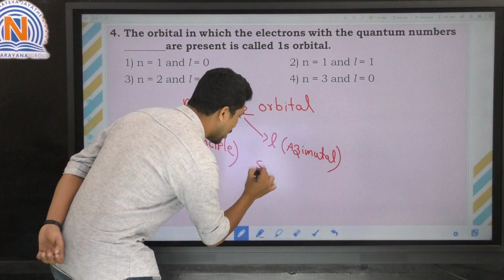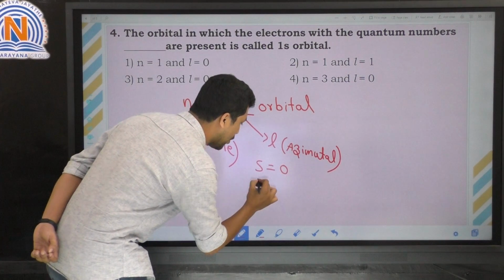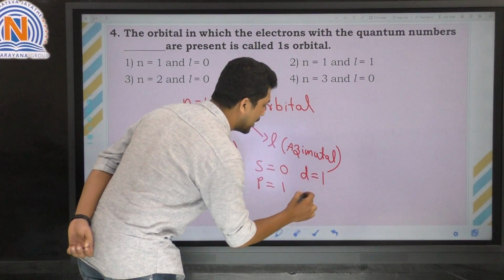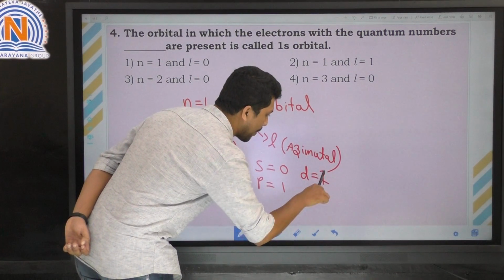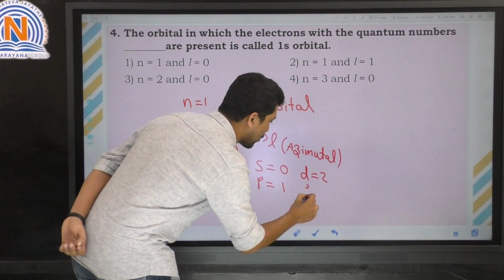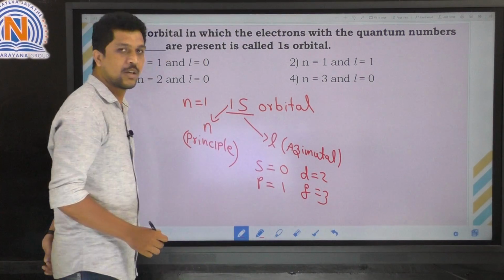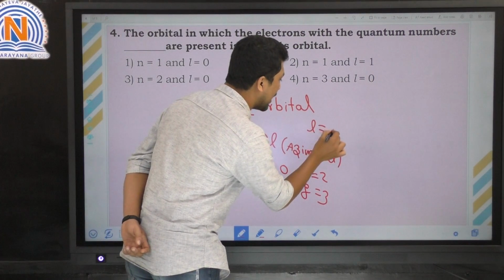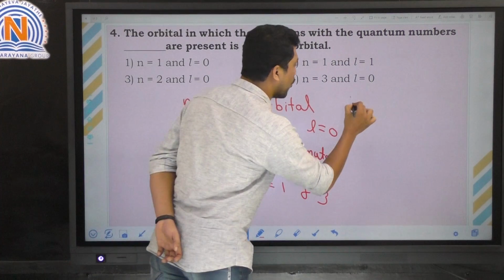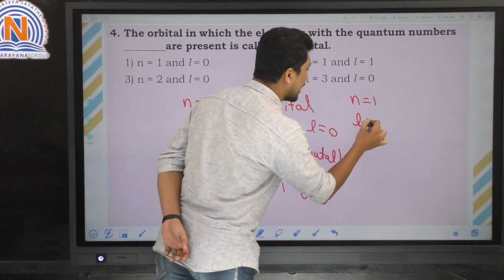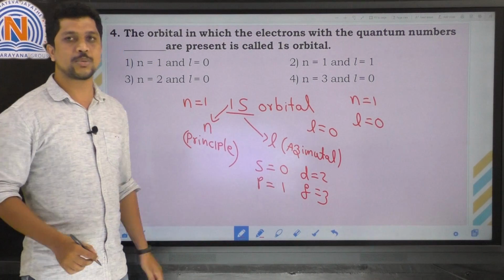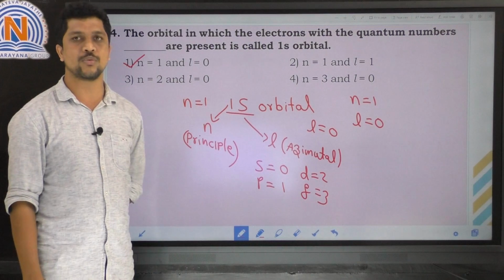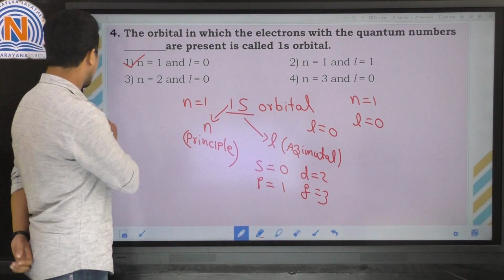For example, s orbital azimuthal quantum number is 0, p orbital azimuthal quantum number is 1, d orbital azimuthal quantum number is 2, and f orbital azimuthal quantum number is 3. So for s, l equal to 0. So n equal to 1 and l equal to 0. So the correct option is the first option. Let's move on to the next question.